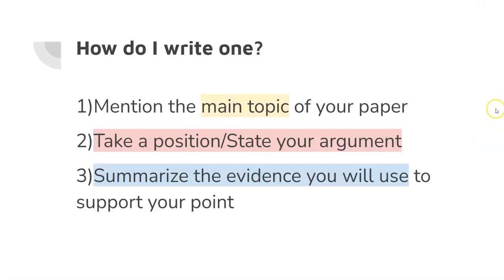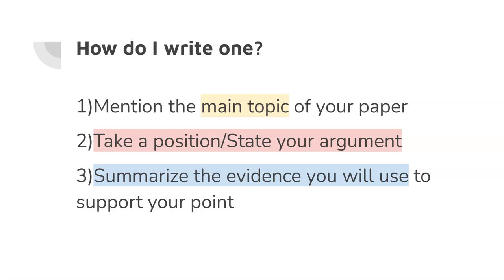How do we write one? Well, I've color-coded it here and kind of broken it down into some very bare bones. First, and this can also be done out of order, but typically you'd first mention the main topic of your paper. If you're focusing on analyzing one specific piece of media, if you're researching one specific topic, that would be the yellow component of your paper.